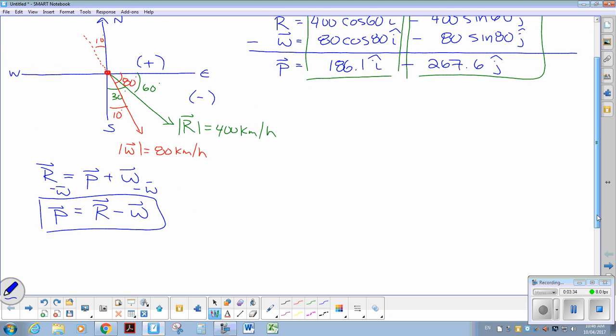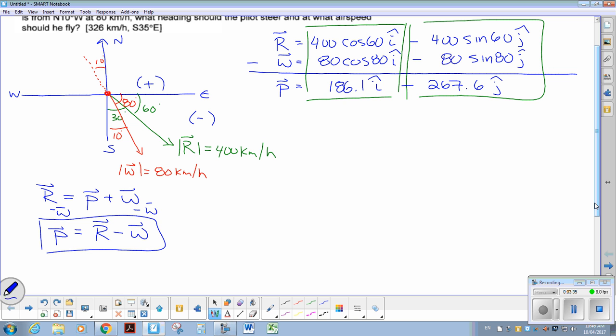Now what we need to do is convert this into magnitude and direction. So the magnitude of the plane vector is the square root of your x component squared plus your y component squared.